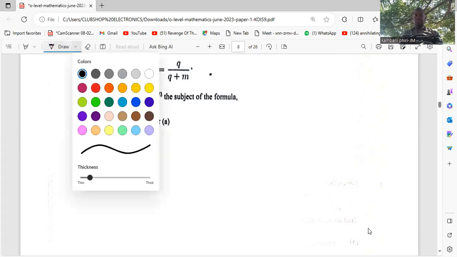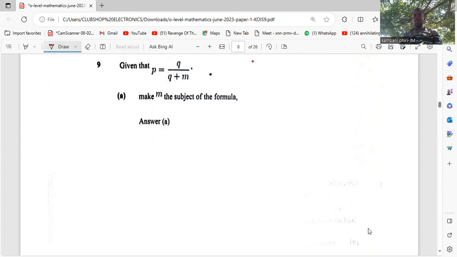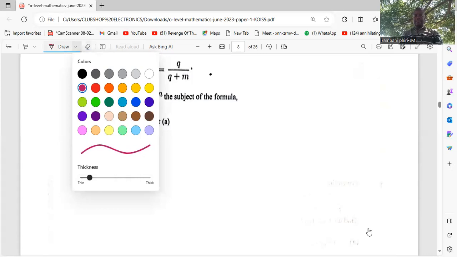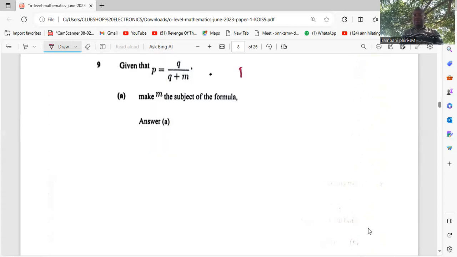So we are saying, given that P is equal to Q divided by Q plus M.